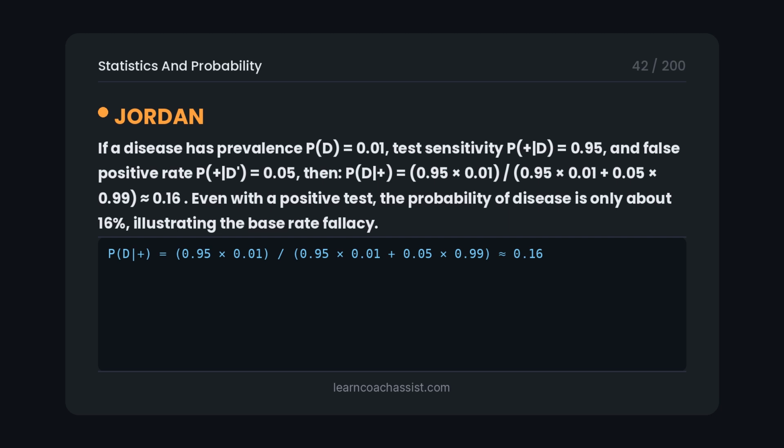Even with a positive test, the probability of disease is only about 16%, illustrating the base rate fallacy.